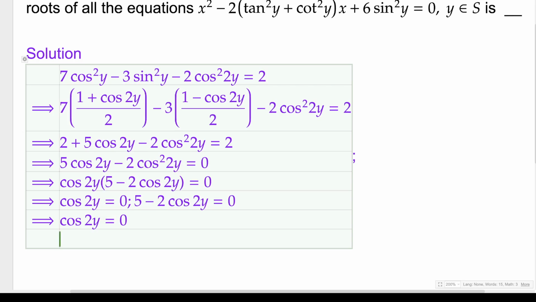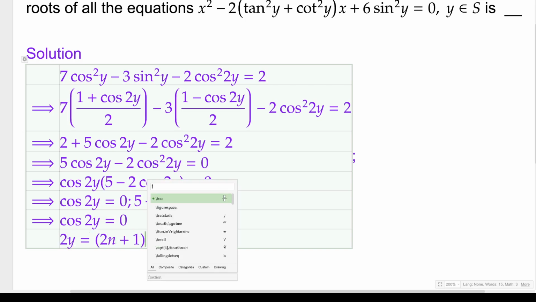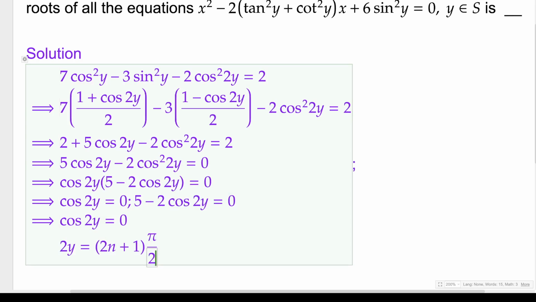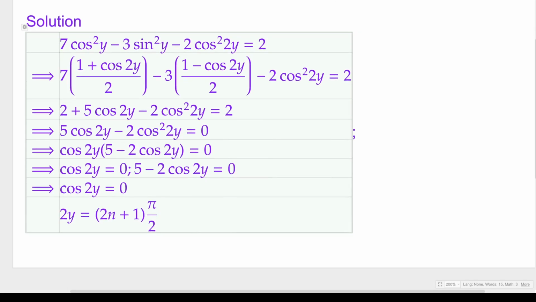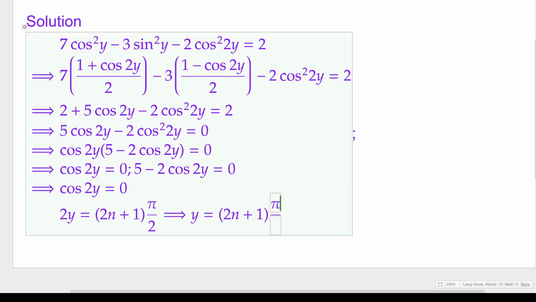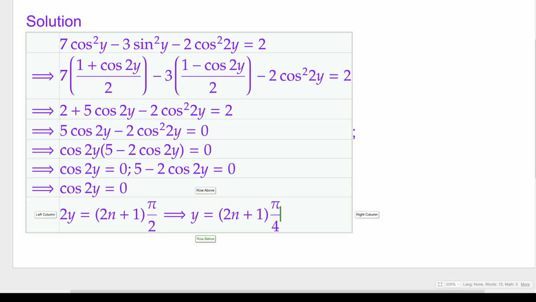So for this one, cos 2y is 0, so 2y can be written in the form of odd multiple, that is 2n plus 1 times pi over 2, right? So clearly we can say that y will be in the form of 2n plus 1 times pi over 4, right?